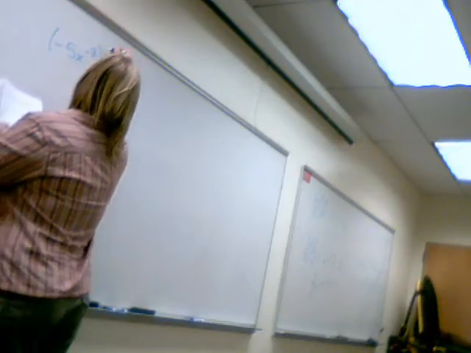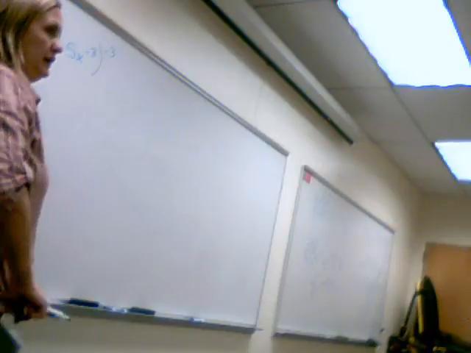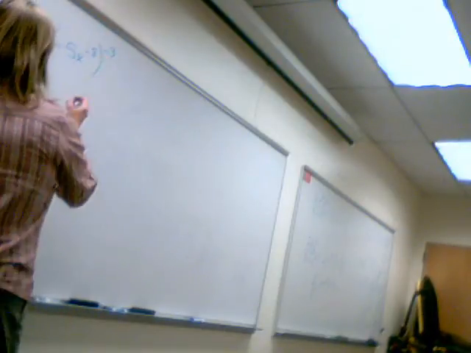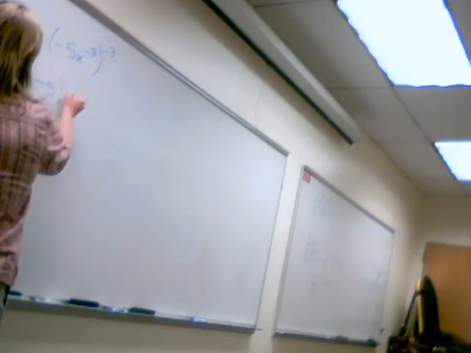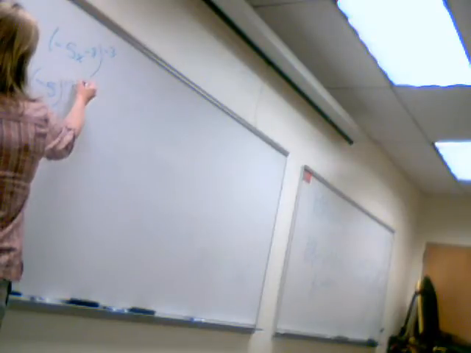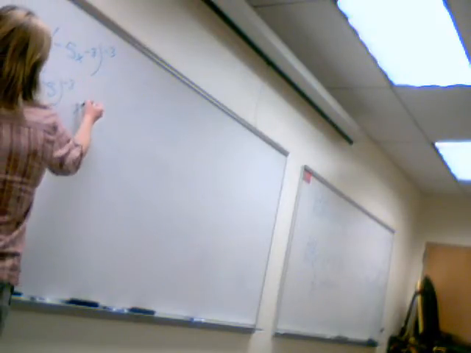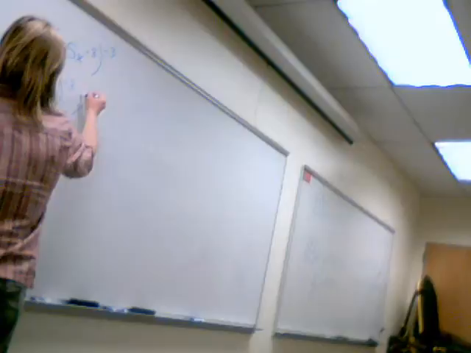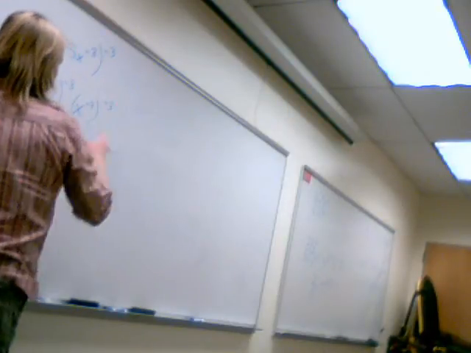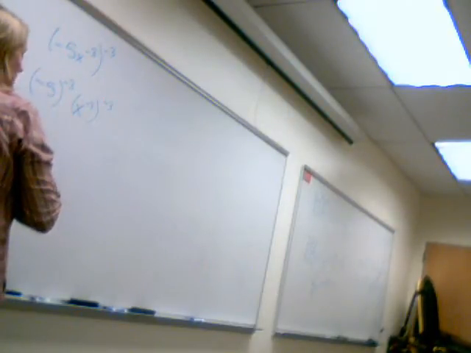So same problem, but this time instead of negative 2, I'm going to do a negative 3. So it's going to be negative 5 to the negative 3, x to the negative 3 to the negative 3. I'm taking the negative 3 through both terms.